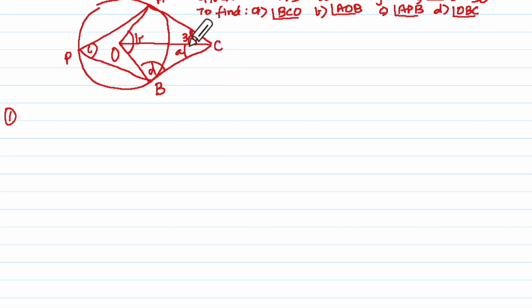This angle is 90 because the radius at the point of contact is perpendicular to the tangent, and this also will be 90. Then OA and OB are radii, so triangles AOC and BOC are congruent, and therefore this angle equals this angle by CPCTC. So this was one way of doing it.